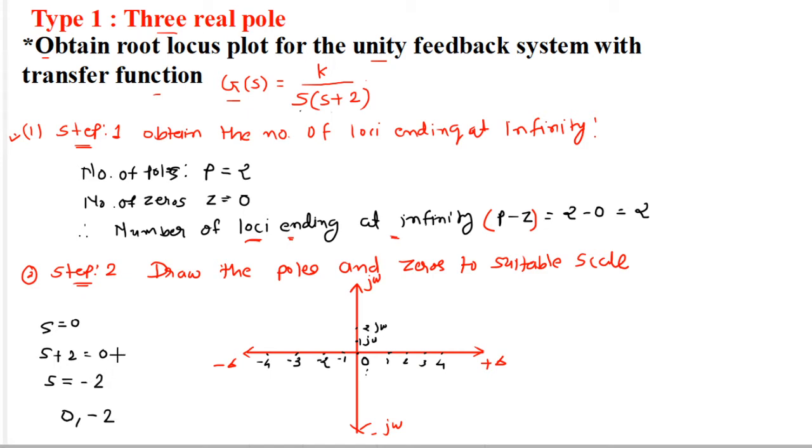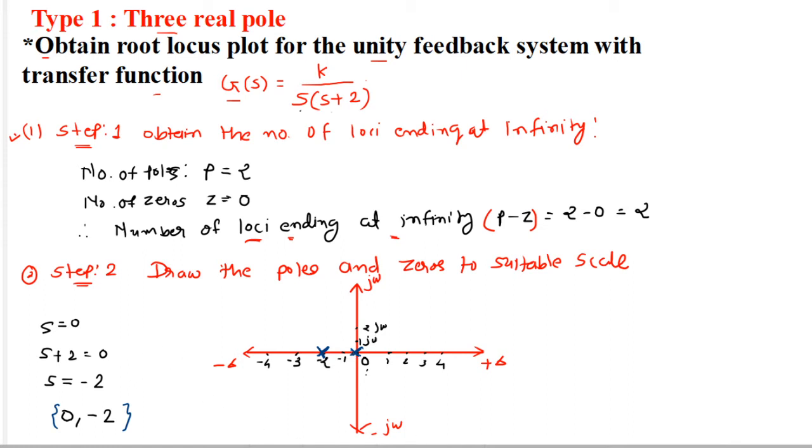I am marking the poles at 0 and minus 2 on the real axis. There are no zeros.